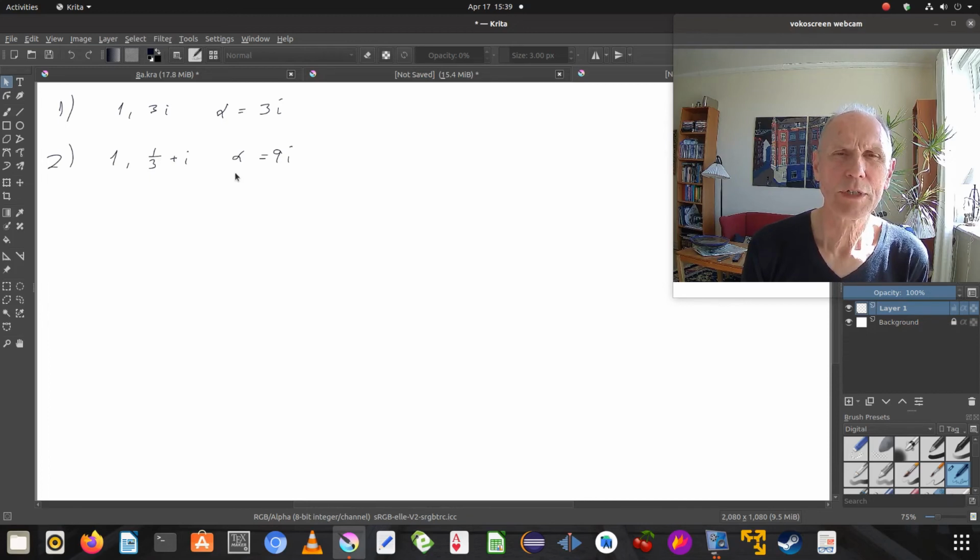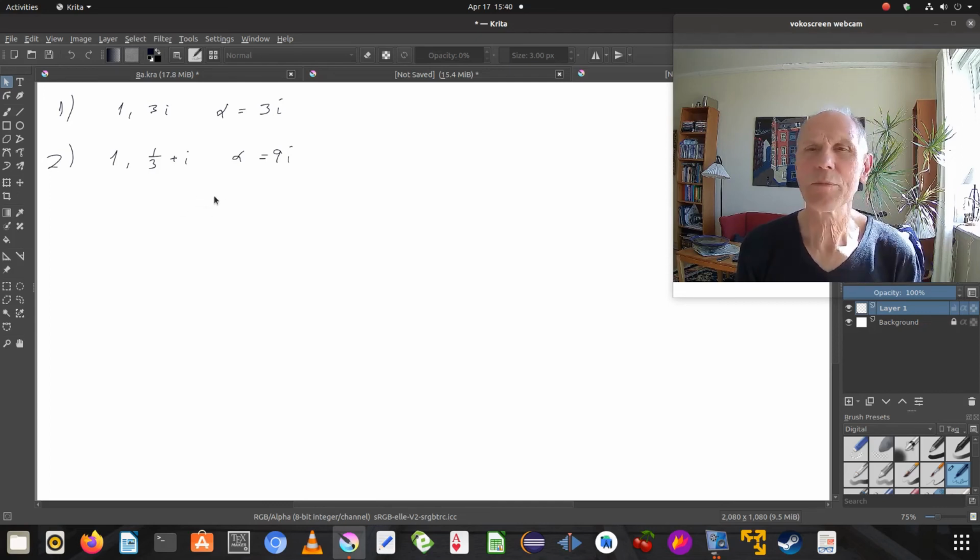So why couldn't we just do it with 3i? That's because then we get 1 plus 3i. I don't know why we can't use 3i here. But anyway, I got 2 examples here. So it's actually possible. In both cases, alpha is imaginary.